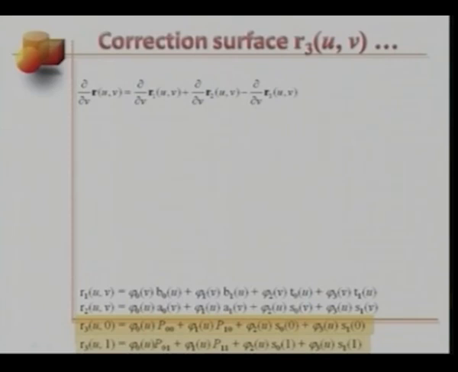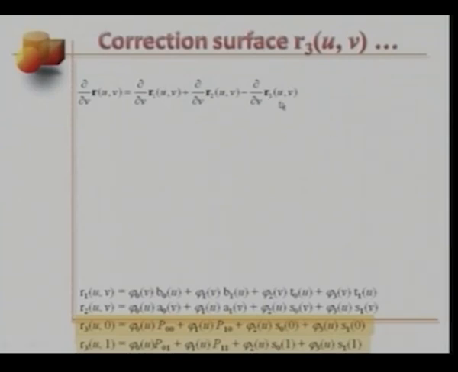So this unfolds the suspense. If you plug in value for v as 0 and 1 respectively, we will have first derivative information of r3 with respect to v.